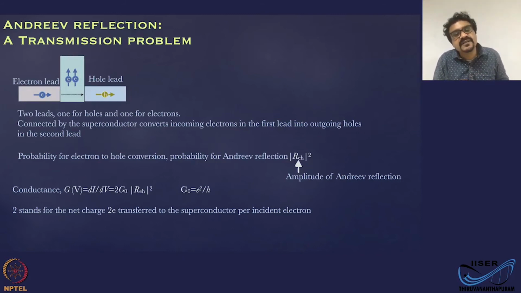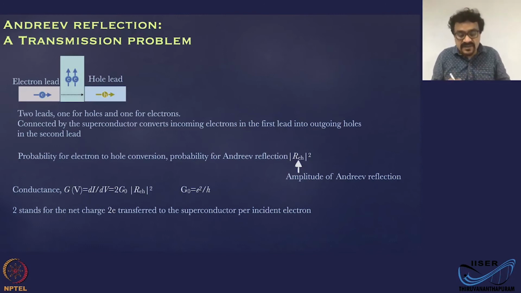Okay, so an electron goes to the superconductor and a hole leaves the superconductor, and the superconductor is something which converts the incoming electrons in the electron lead into outgoing holes on the hole lead. So the superconductor takes the electron from the metal side, converts it and pushes the hole back into the metal.